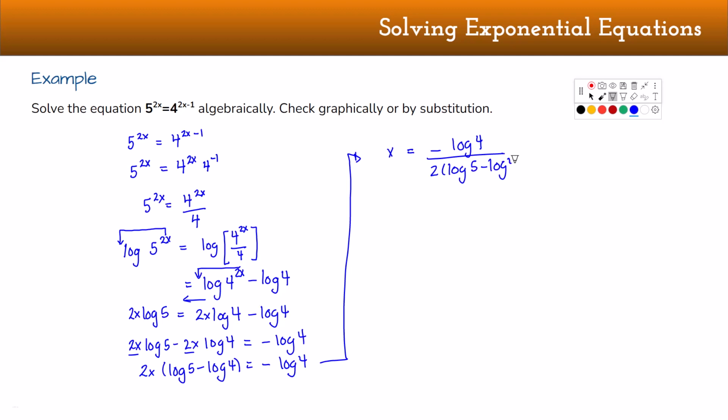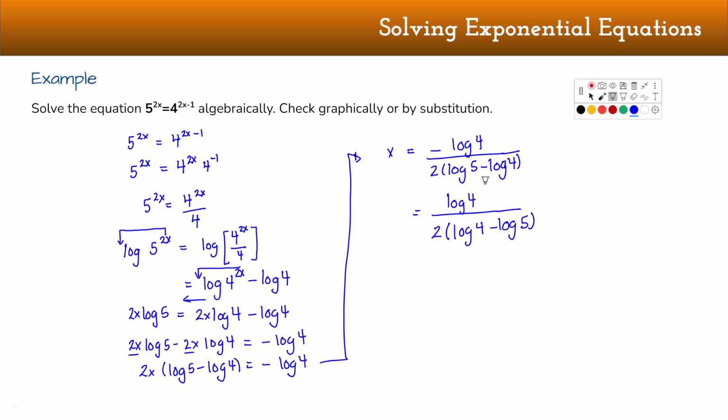Now here, because I have this negative here, I can actually bring it to the bottom, and I'm going to run it through this binomial here, this two-term thing, and that's going to change the signs. It's just a me thing. It's not super necessary. And that makes it log 4 minus log 5.